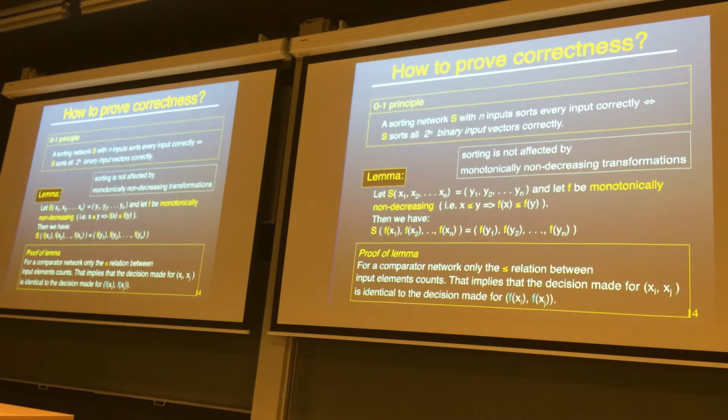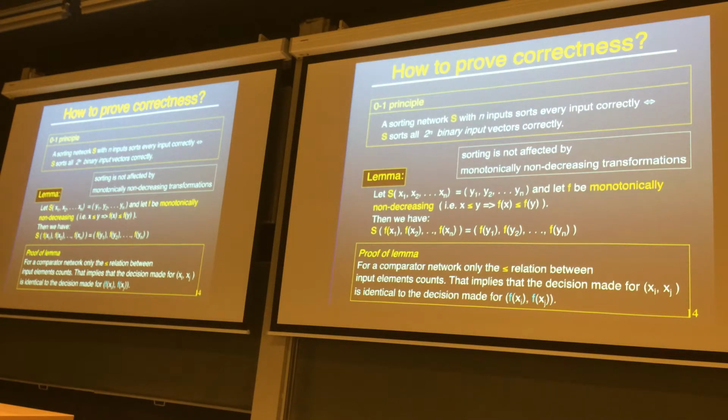And that implies that the decision made for xi and xj does not differ from the decision made for f(xi) and f(xj). So if you achieve this output for x1, x2 until xn, then the same path in the computation, of course, is taken for f(x1) to f(xn).